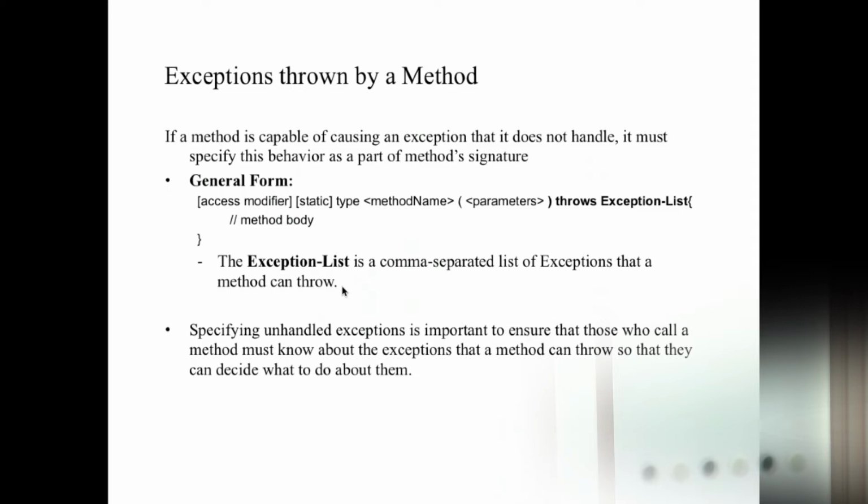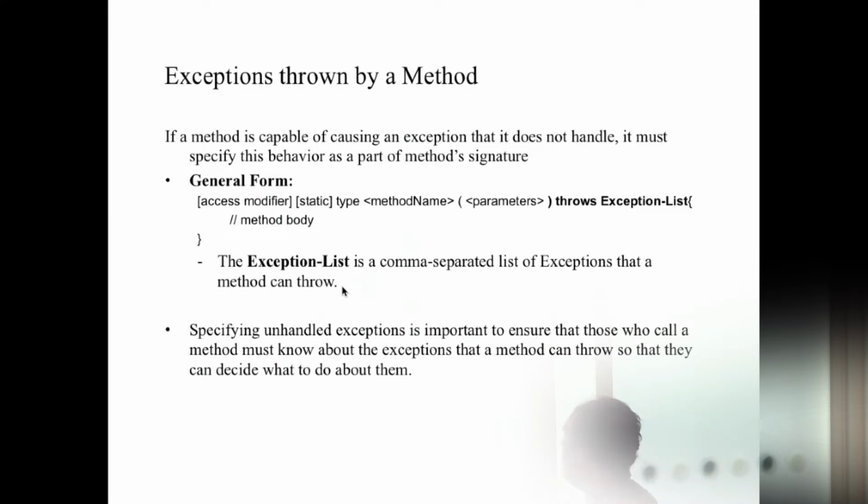In the same way that you can have multiple exception handlers, you can have multiple catches in your program. There can be more than one type of exception. Like we have seen now, there can be an arithmetic exception, an input mismatch exception, a file not found exception. So if you have more than one kind of exception that can happen in one method, and you don't want to handle it, you can specify all those exceptions with a comma separated list.